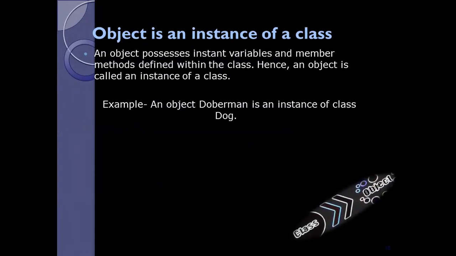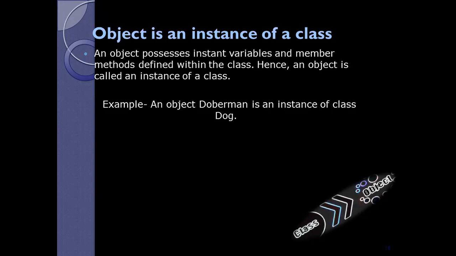Next, again an important question, why is an object known as an instance of a class? An object possesses instance variables and member methods which are defined within the class. Hence, an object is called an instance of a class. We have already seen that in a class, characteristics and behavior are defined. Objects have to follow that characteristics and behavior.